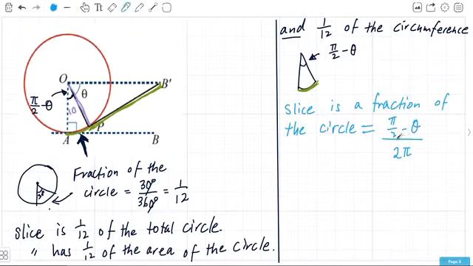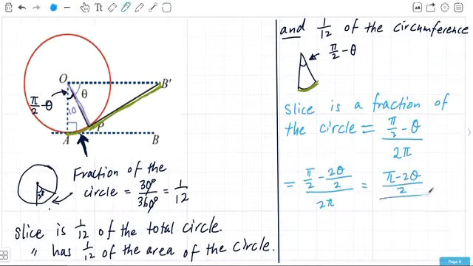With this, you might want to simplify that because it's quite ugly. So I'm just going to simplify it. I'm going to put everything on the top over a common denominator, which is 2. It's still over 2 pi. So that's (pi - 2 theta) all over 2, and all of that's over 2 pi, and that's over 1 if you think of it that way.